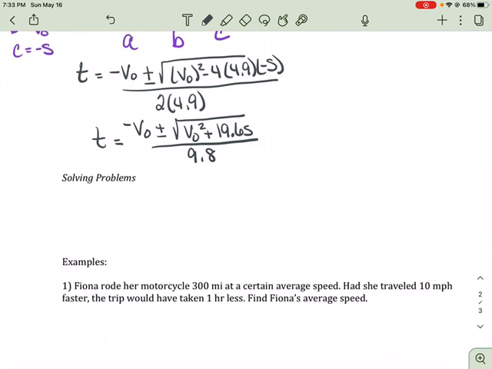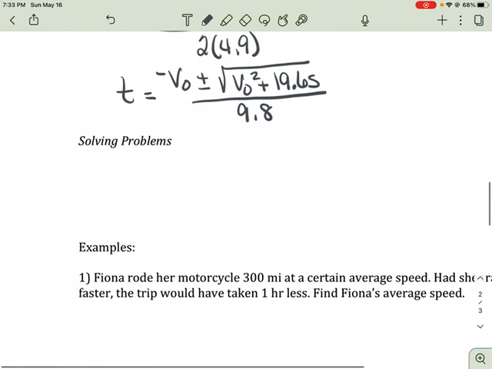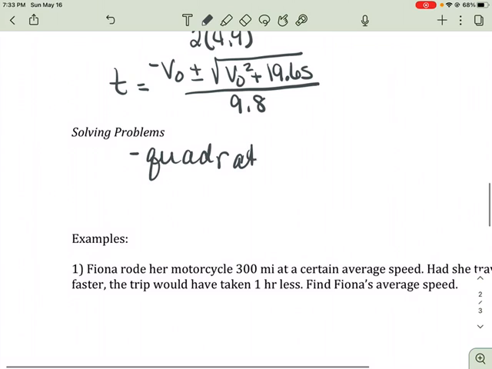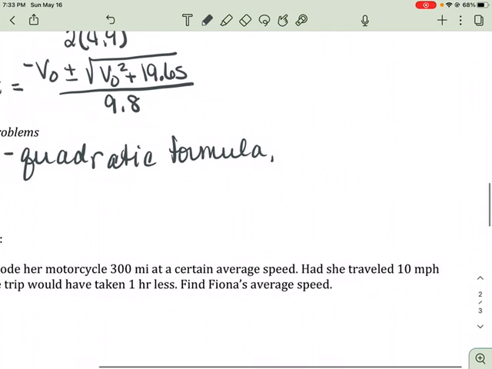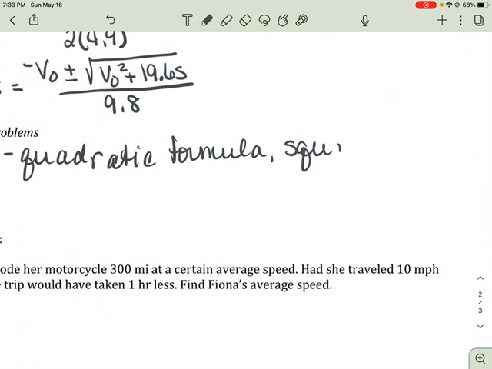All right, let's try some solves. When we're solving here, we're going to be using quadratics, so we may be using the quadratic formula, square roots, taking the square root of both sides, things like that.